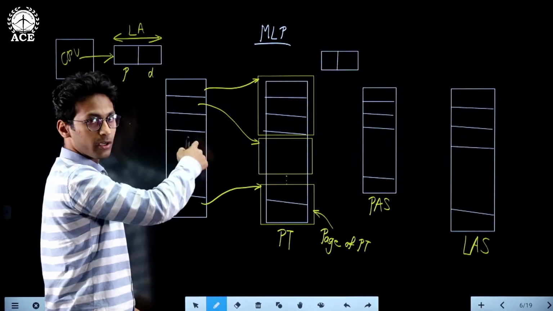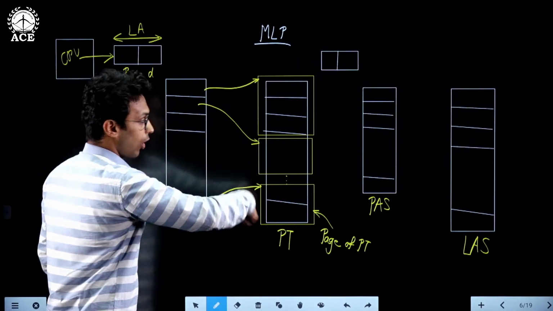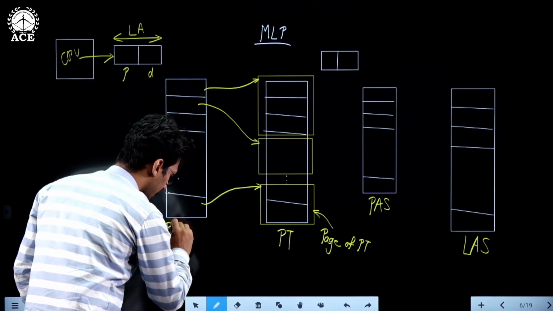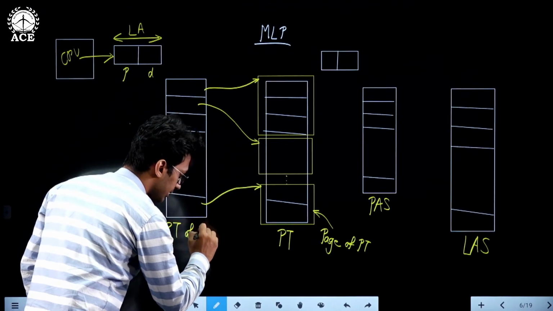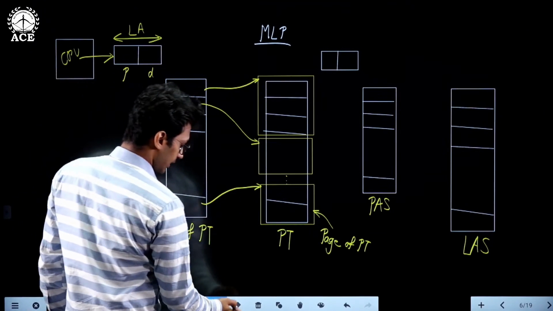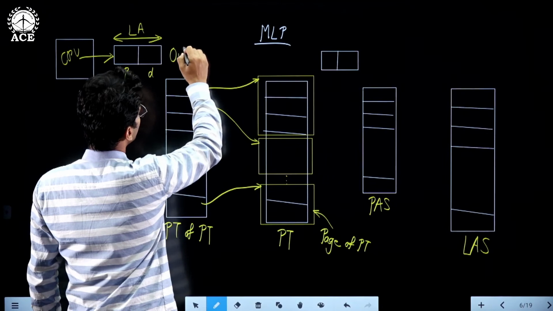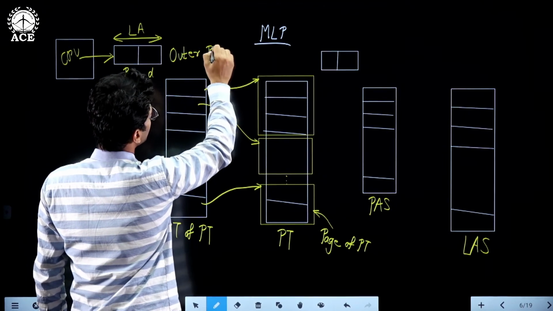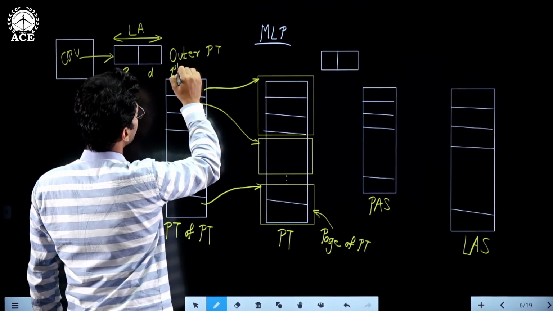What is this page table called? This is page table of page table. It is also called the outer page table, or first level page table.